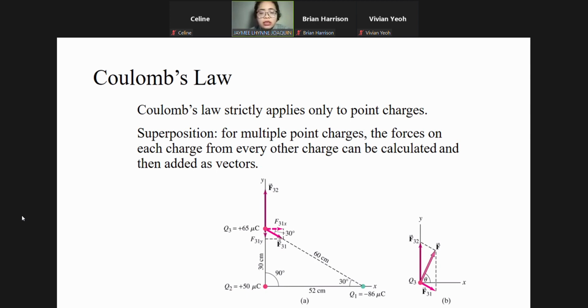For this, you have F31, you have F31x, and you have F32. And you have here the F charge. So in this, there would be multiple point charges.